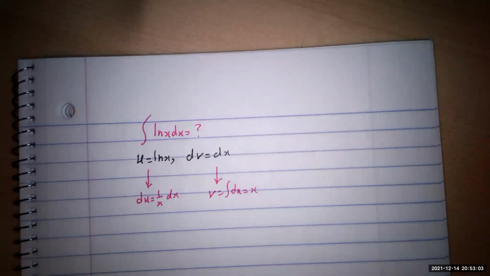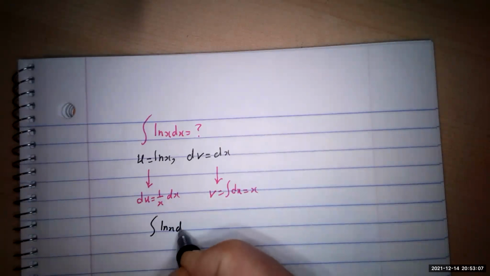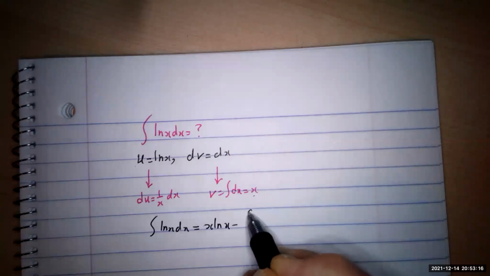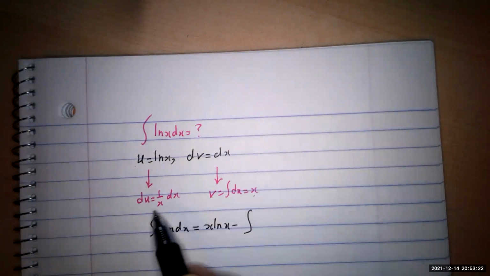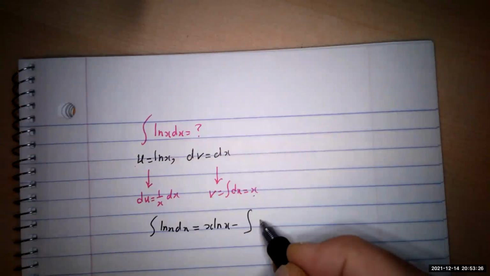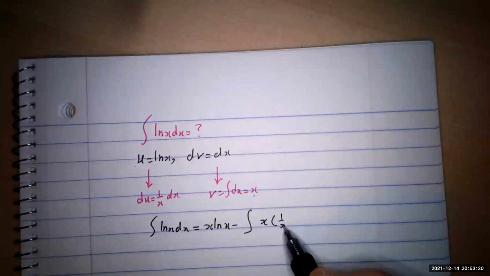Now, write your formula. So the integral of ln x dx is equal to u times v, x ln x, minus the integral of v du. V is just x, times 1 over x dx.